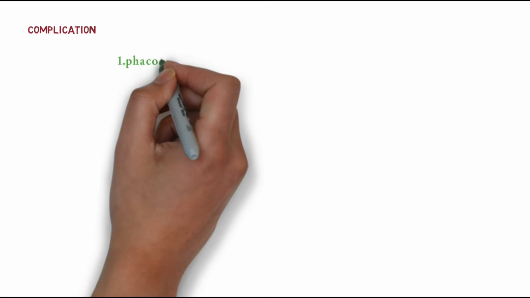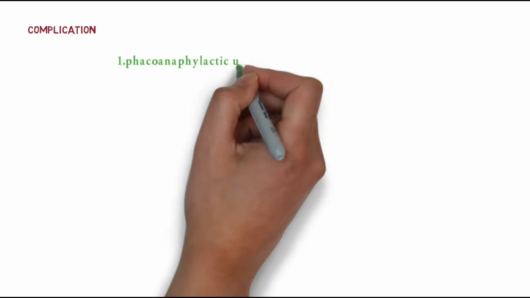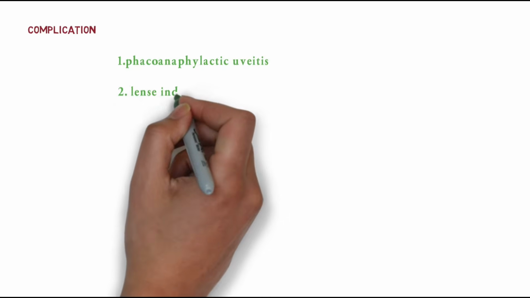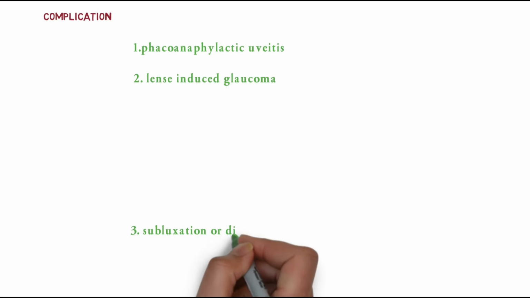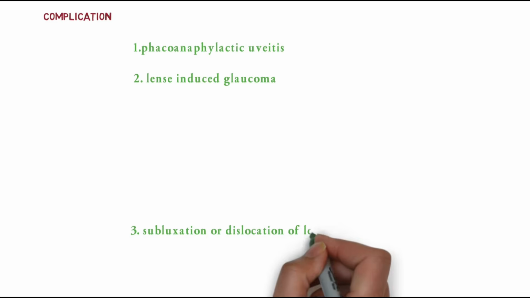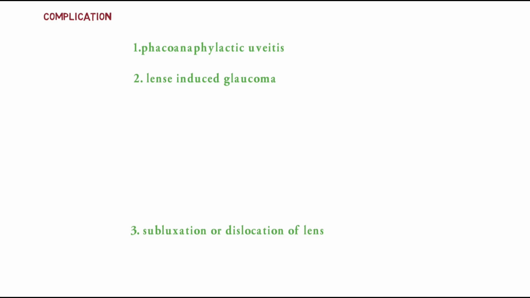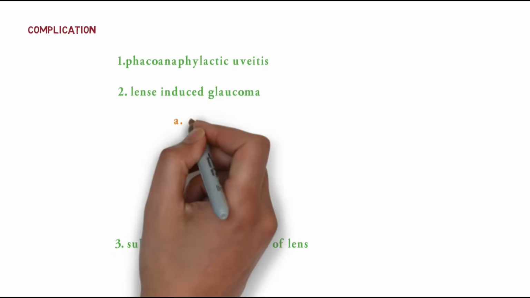Now, what are the complications of senile cataract? There are three complications of senile cataract: phacoanaphylactic uveitis, lens-induced glaucoma, subluxation or dislocation of lens. In lens-induced glaucoma, three types of glaucoma can be formed because of complications of senile cataract.